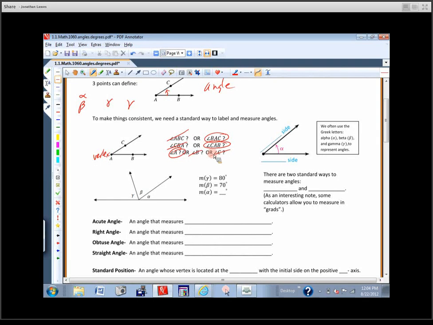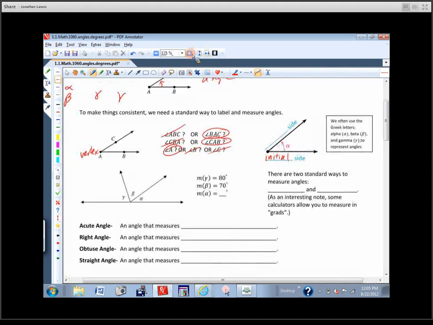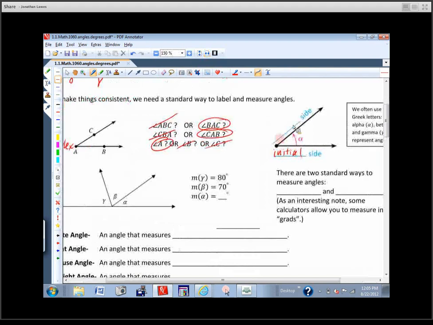Now let's throw in some more vocabulary that you may or may not have heard before. So that's just a very basic angle. You've seen this type of notation before. If we look at this right here, this might be new. So we usually start with this side right here. We call this the initial side. Initial side, that's where we start. And then we call this one the terminal side.